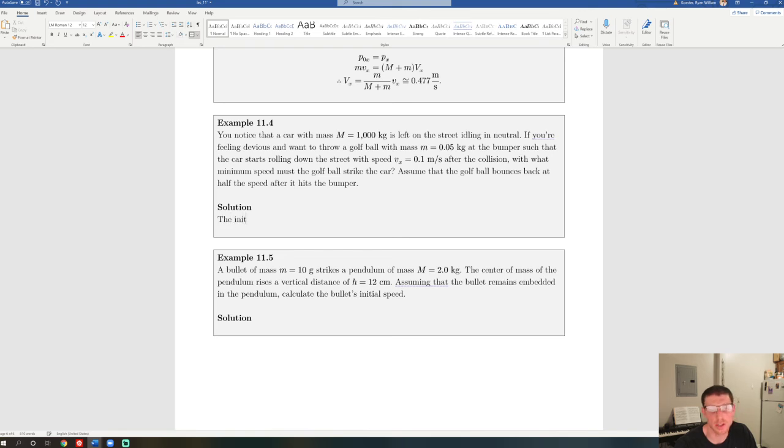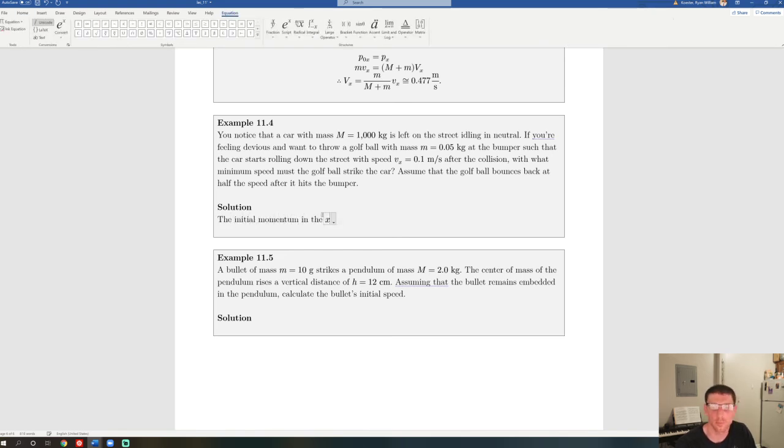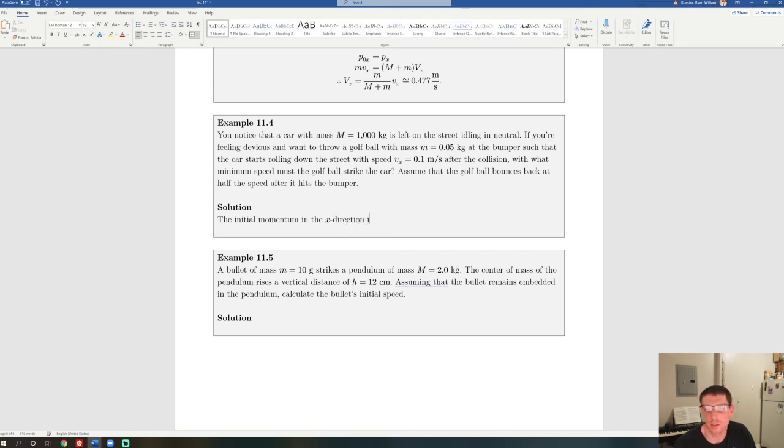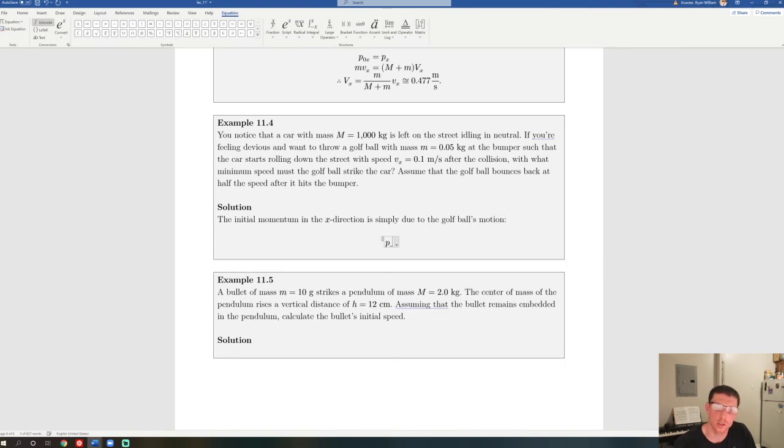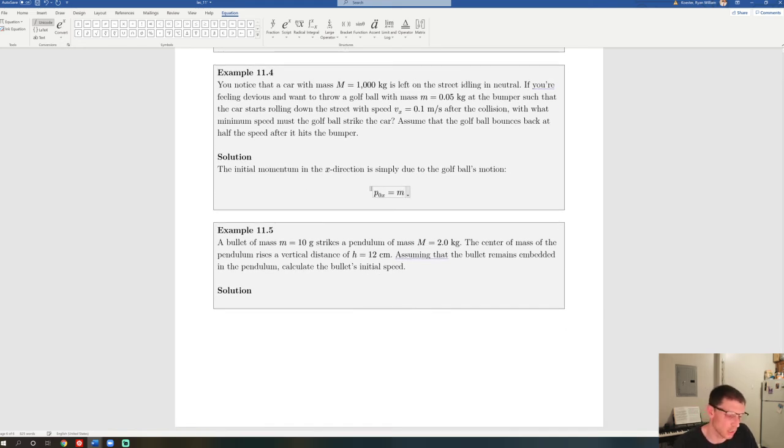So the initial momentum in the x direction is simply due to the golf ball's motion. So we'll write this in the same sort of symbolization, if that's a word, like that, right?